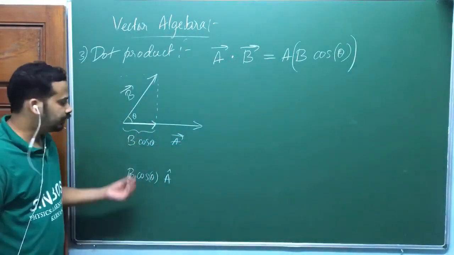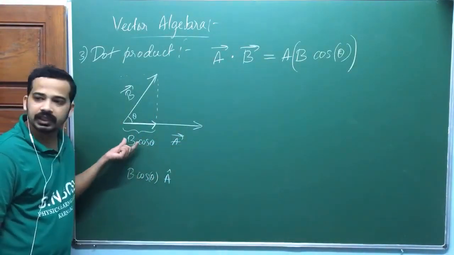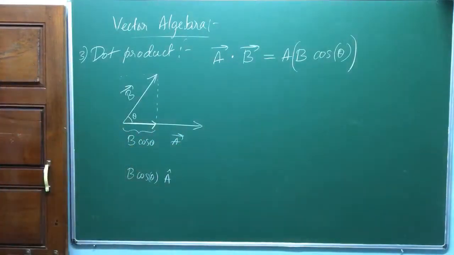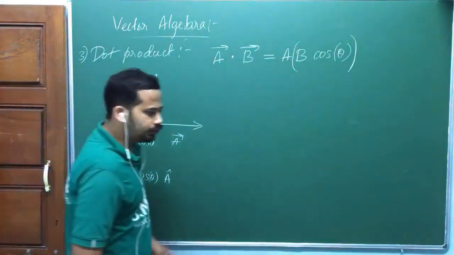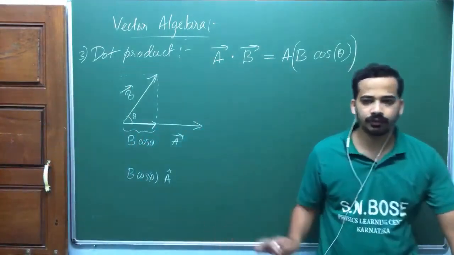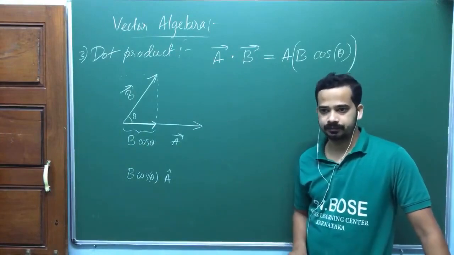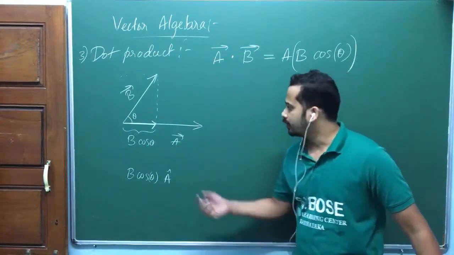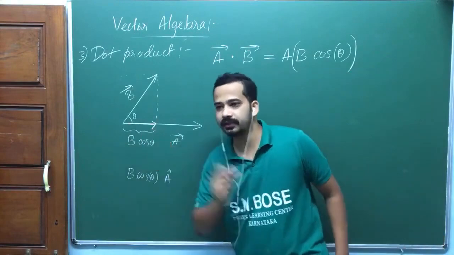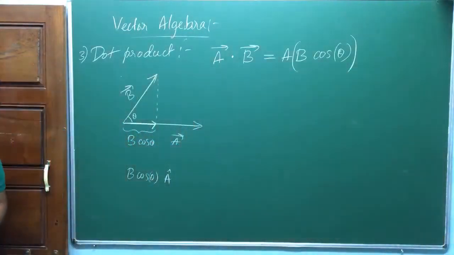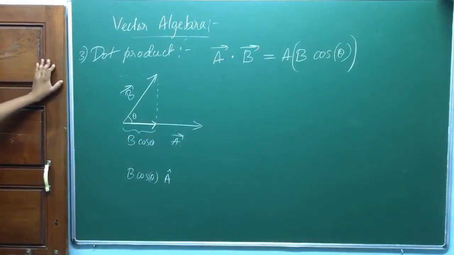This was a scalar actually; we call that the scalar projection, or projection length. Usually, whenever we say projection of a vector, it is a vector. B cos theta is the projection length, which is a better word, or scalar projection, another word.